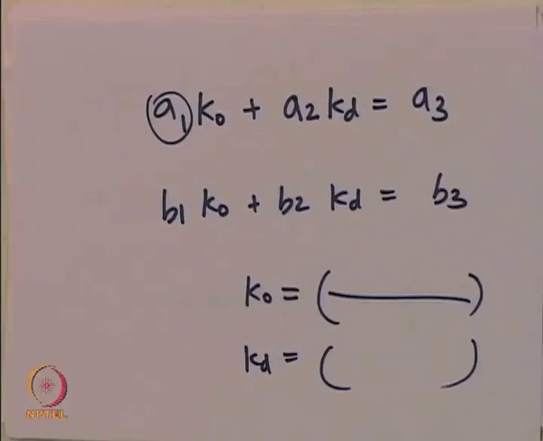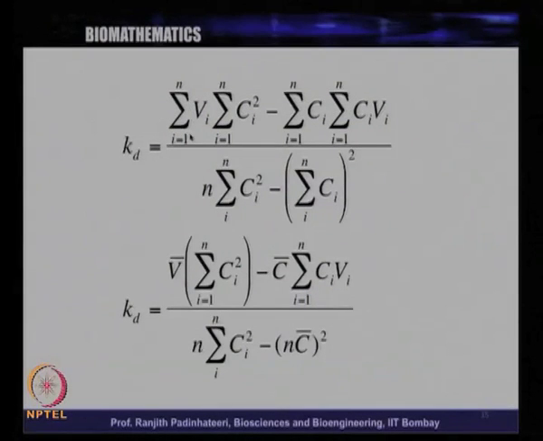So what do they get? They get Kd. If you do the algebra properly, you will find that Kd is equal to sum over i Vi times sum over i Ci square minus sum over i Ci times sum over i Ci Vi, divided by n times sum over i Ci square minus sum over i Ci whole square, which we can rewrite in this particular fashion.